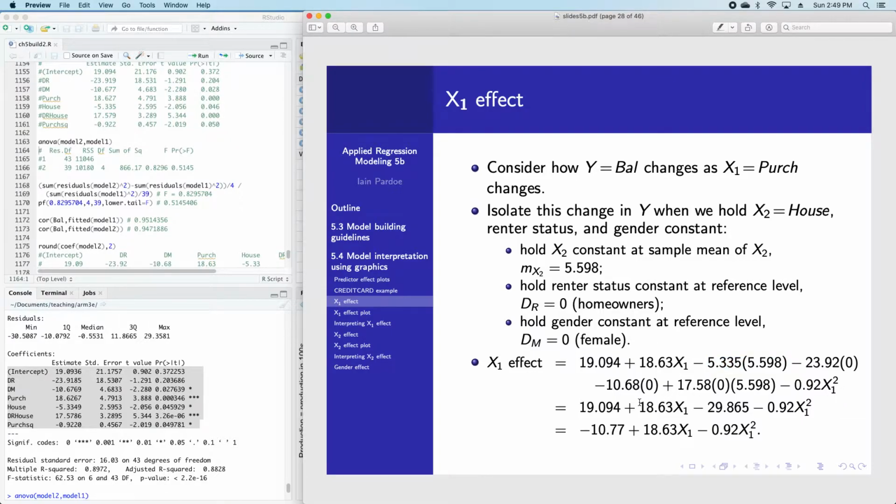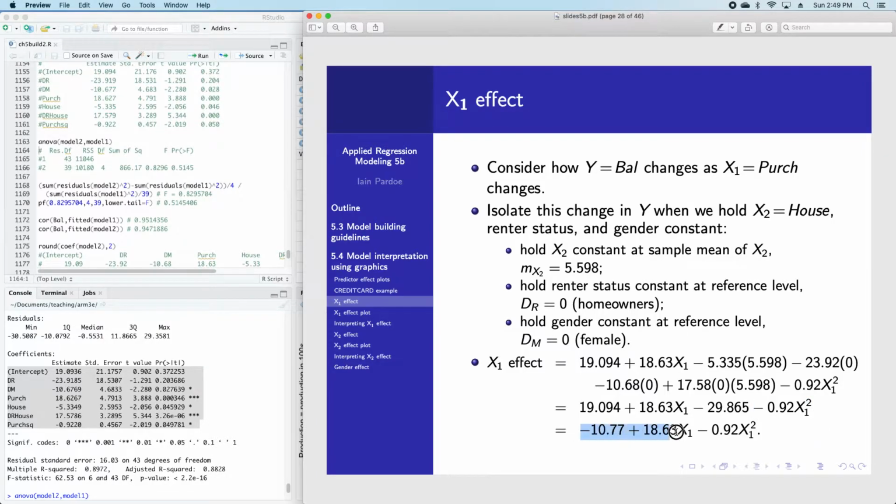Then I'm going to collect all the pieces that go together. For example, 19.094 can be combined with minus 29.865, and I get minus 10.77. Then I've got 18.63x1, which I can't simplify anymore, and minus 0.92 times x1 squared, which I can't simplify anymore.